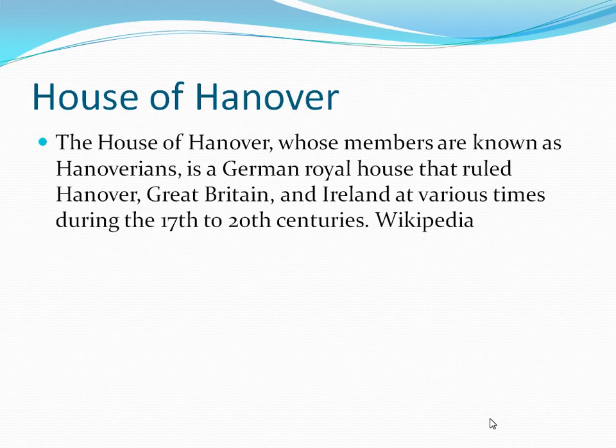And we see another incident, the House of Hanover, whose members are known as the Hanoverians, a German royal house that ruled Hanover, Great Britain and Ireland at various times during the 17th to 20th century.